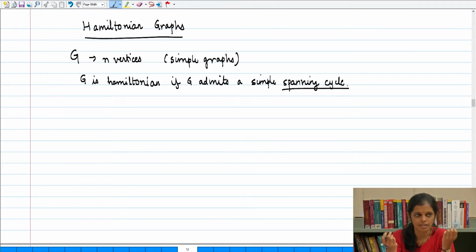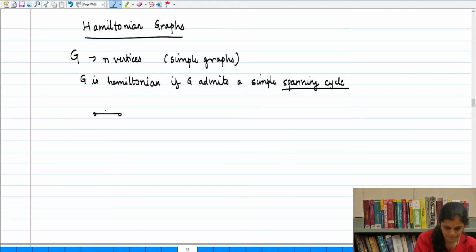Maybe if it has one, we may also want to output it, but before that we just ask, does it have one? Okay, good. Just to make sure that we are on the same page, let me draw a few graphs and we will identify which of them have a Hamiltonian cycle.